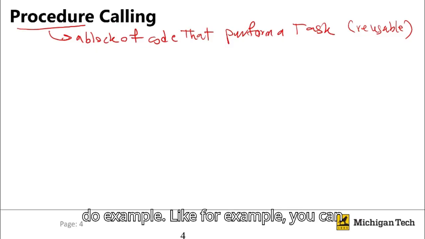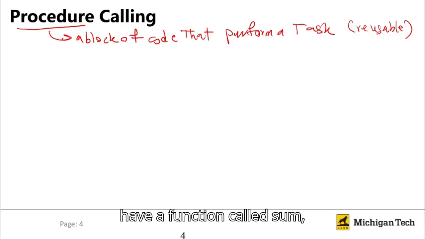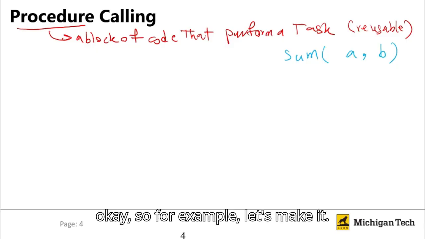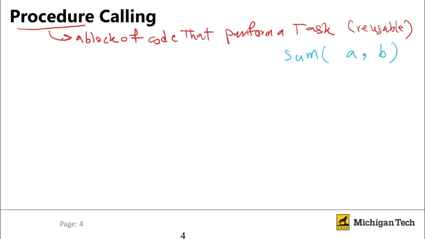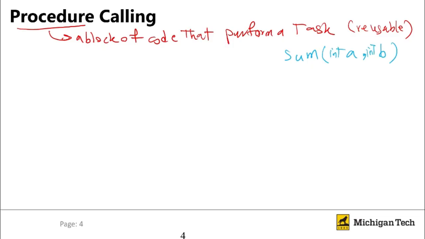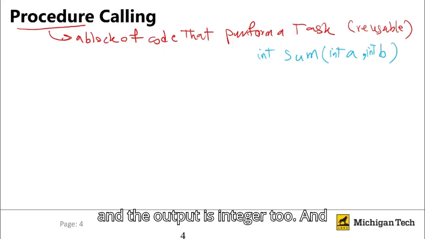Like for example, you can have a function called sum. Let's change the color. Sum that gets two parameters like a and b, and okay. So for example, let's make it int, integer, and the output is integer too.